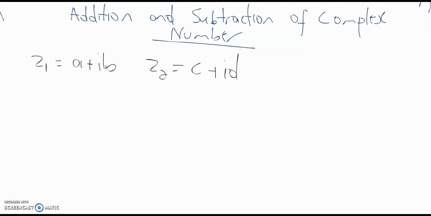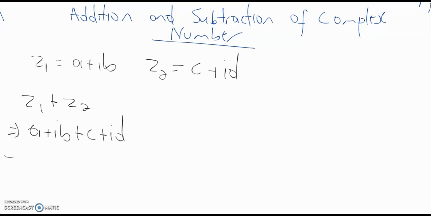What if we want z1 plus z2? This would imply a plus ib plus c plus id. So I'm going to be looking for what we call like terms. That is how addition and subtraction works. Now, in this concept, the like terms must be the real parts and the imaginary parts to themselves.